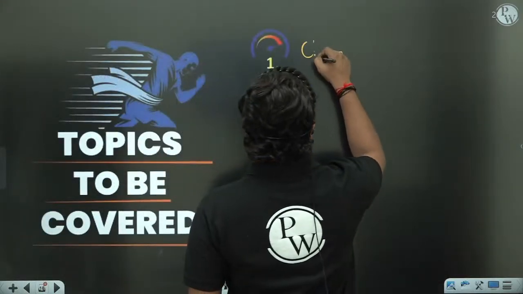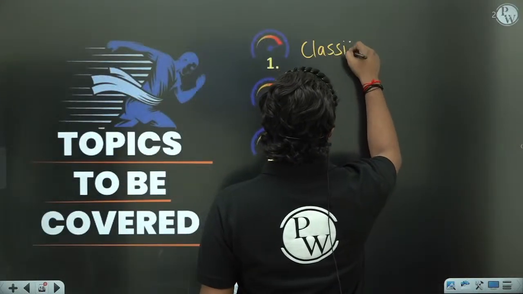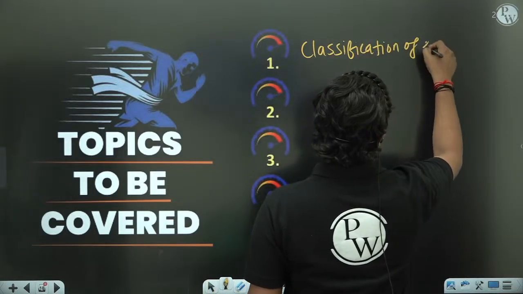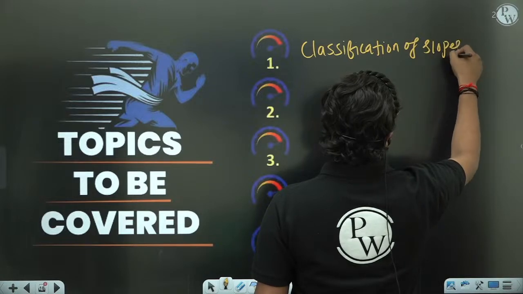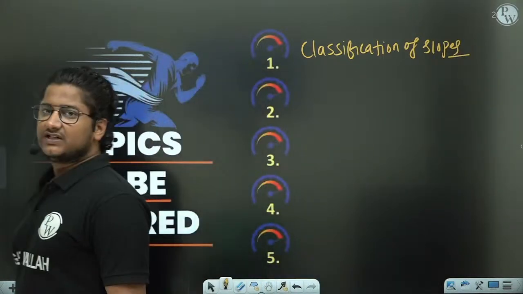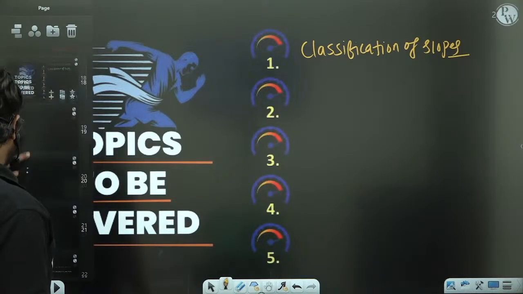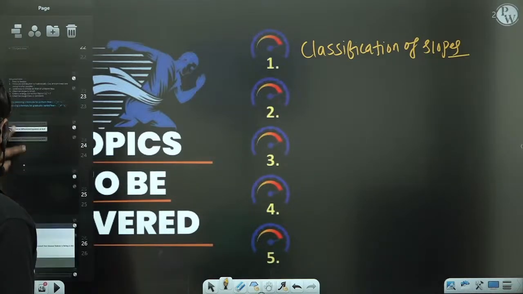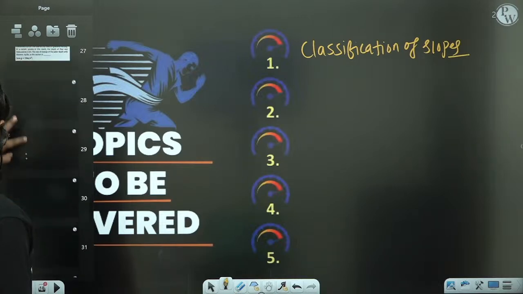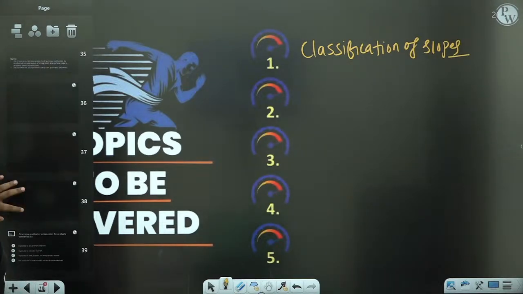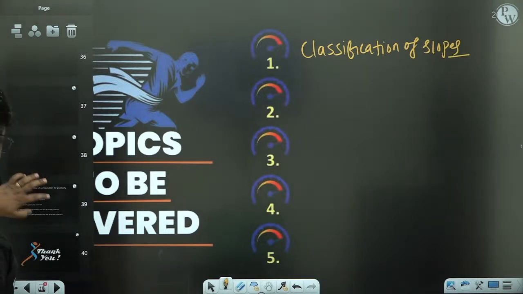So today we need to discuss the classification of slopes. First of all, up to what point did we discuss yesterday? Why is this PDF not there?